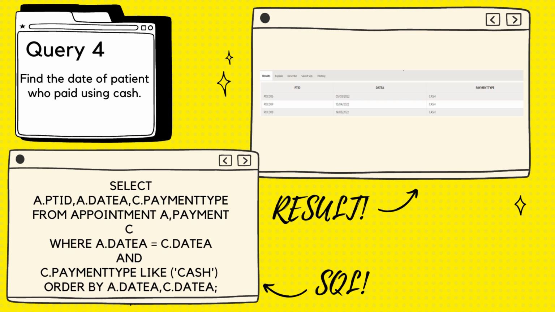The condition C.payment type LIKE 'cash' shows that the payment type made by the patient is cash. We need the payment type cash only. After we run it in Oracle Apex, we obtain that only 3 patients use the payment type cash.